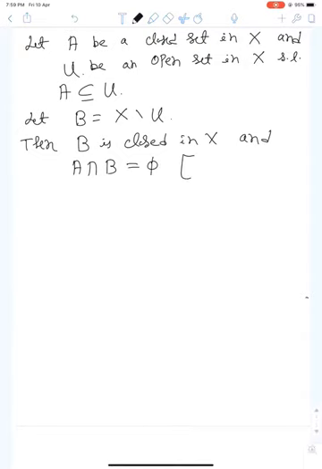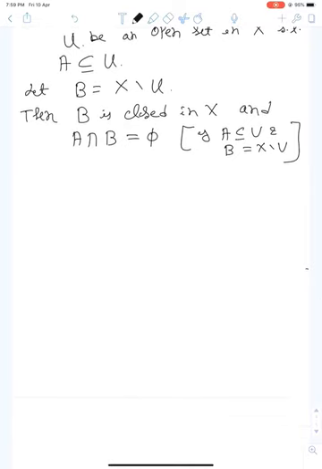Why? As A is a subset of U and B is just the complement of U. This is clear, right? We have seen these properties in the set theoretic results in the first lecture of this separation axiom, right?